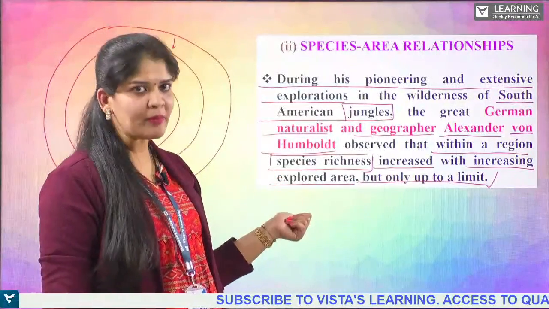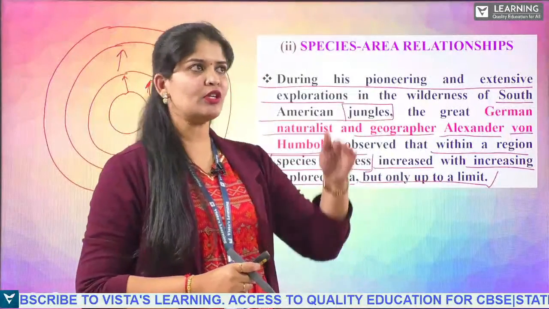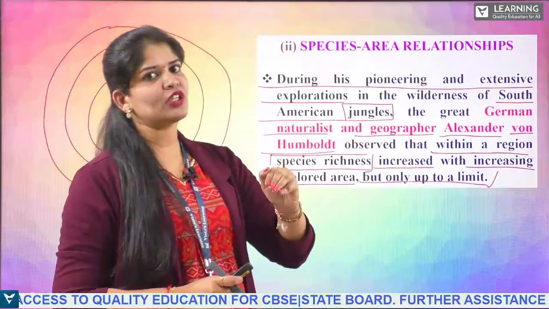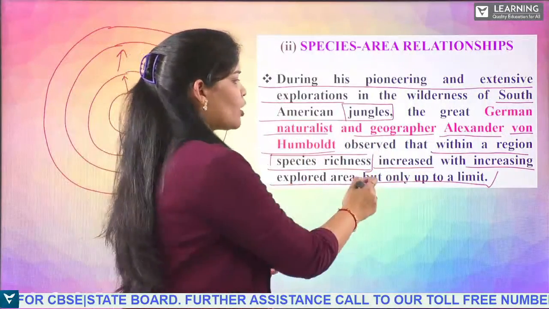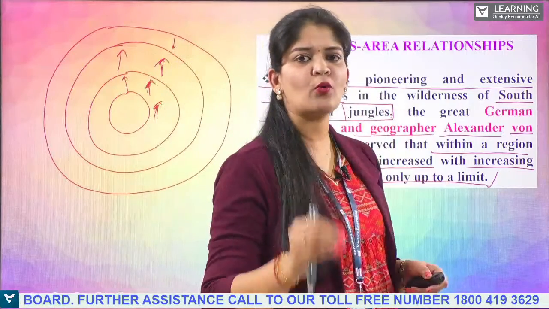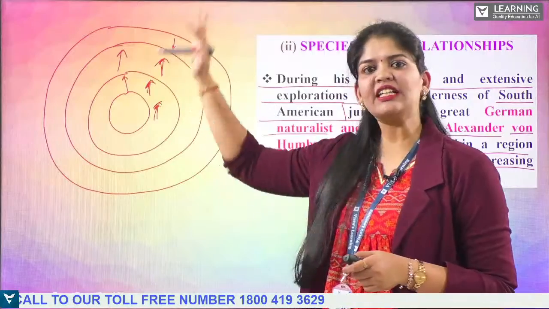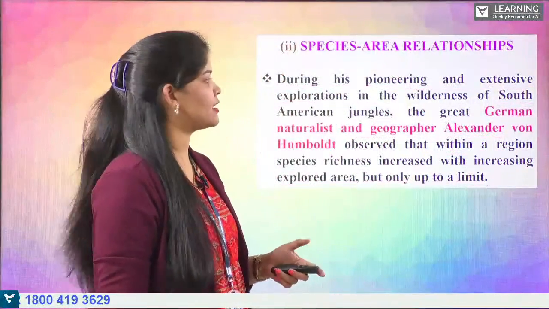Explored means an unfamiliar area that we travel through to learn more about it. So if you increase the explored area, the species diversity also keeps on increasing, but only up to a limit. If you cross the limit, then there is no increase in species richness. That is what his observation was.